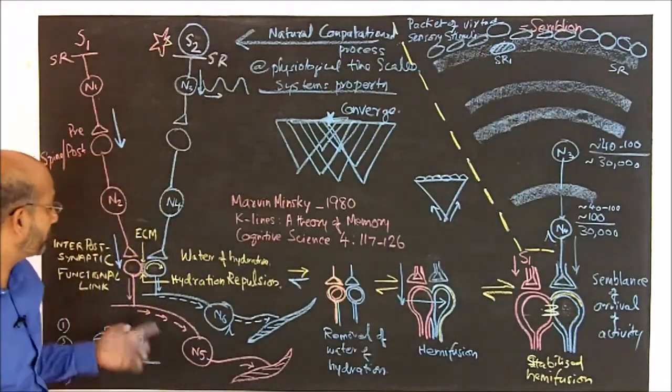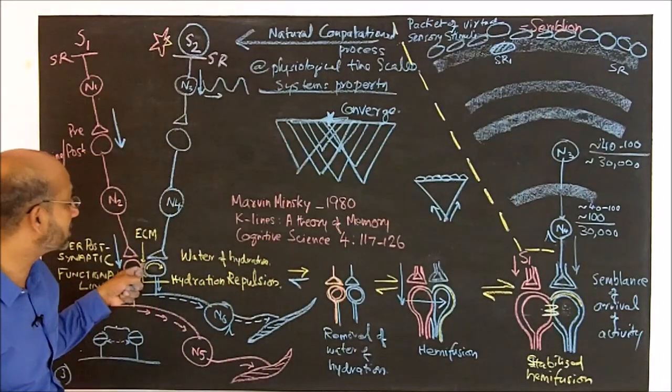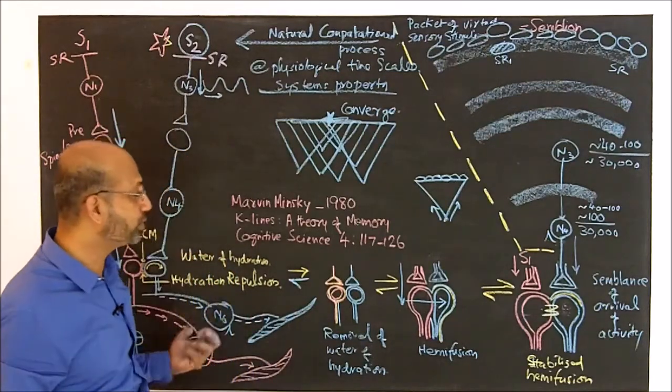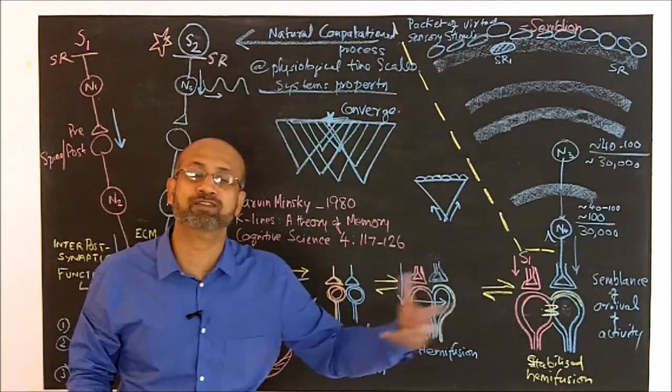Now, one thing is clear, those interpostsynaptic functional links have to stay there in order for the cue stimulus to induce units of virtual inner sensations.